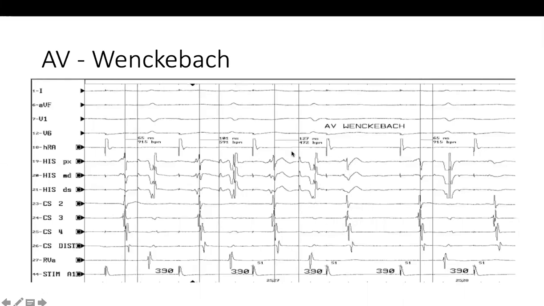So you could see that the AH, and A, and there is no V here. Then the A started to have the AH again, the same as the first one.